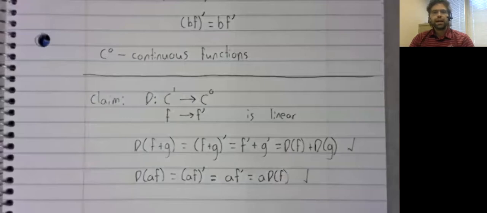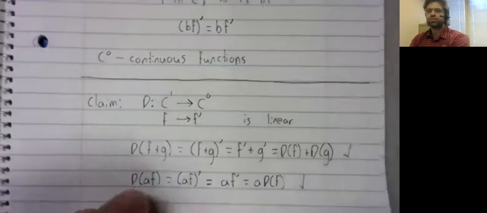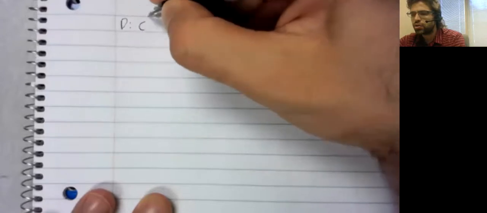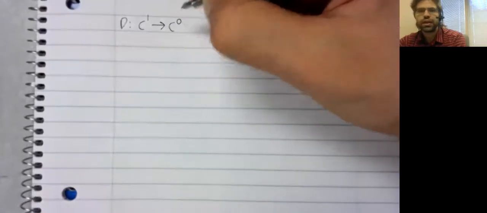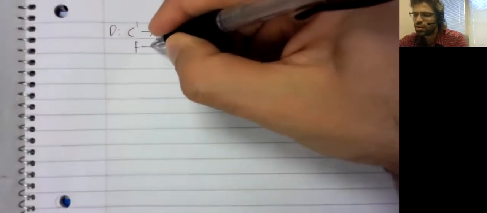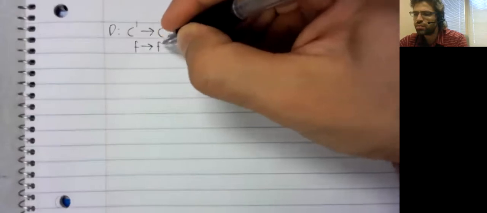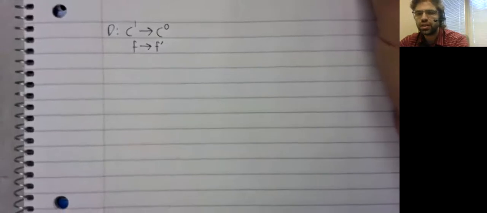We will now find the kernel and range of this linear transformation. Let me jot it back down. We're looking at this linear transformation that takes a function and maps it to its derivative.